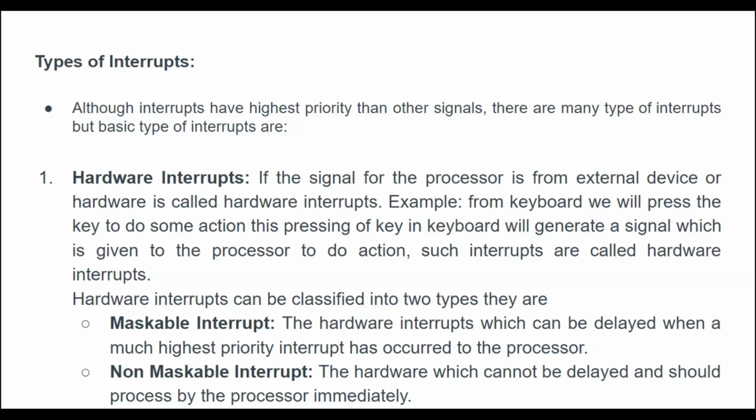A maskable interrupt is a hardware interrupt which can be delayed when a higher priority interrupt has occurred to the processor. It is a hardware interrupt that can be disabled or ignored by the instructions of the central processing unit. Whereas a non-maskable interrupt is a hardware interrupt which cannot be delayed and should be processed by the processor immediately.